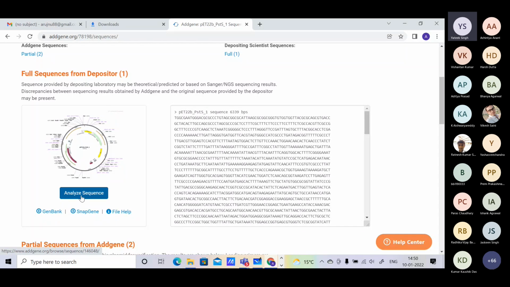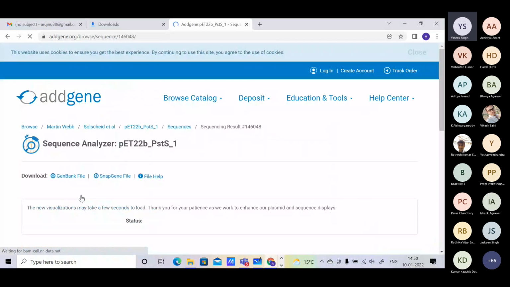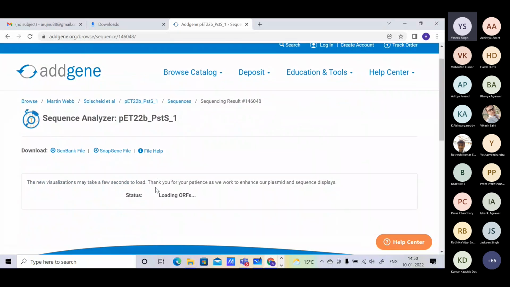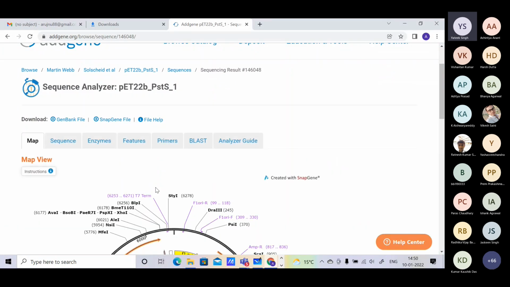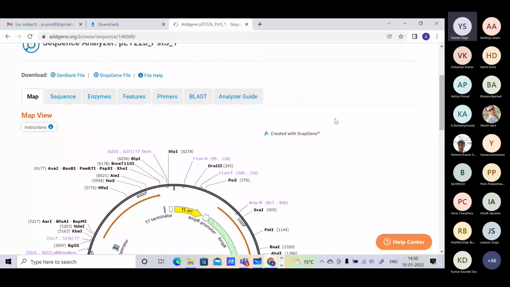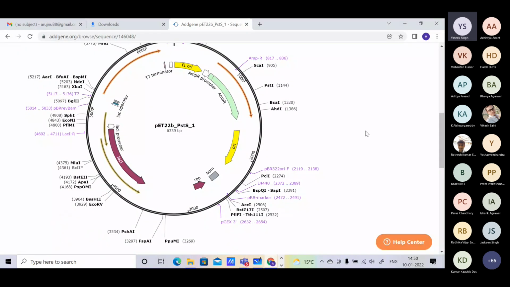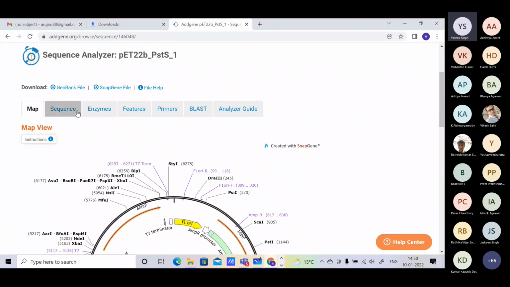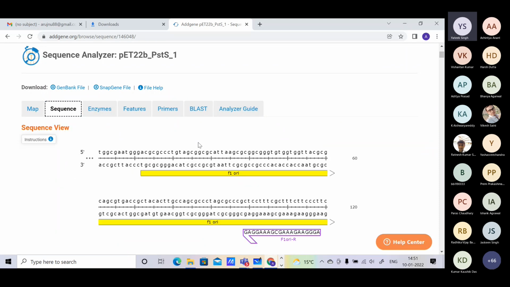Now if you come here and click on analyze sequence, you land on a different page where you get the same map picture, and there are different data tabs which you can explore. I am going to the sequence part first.